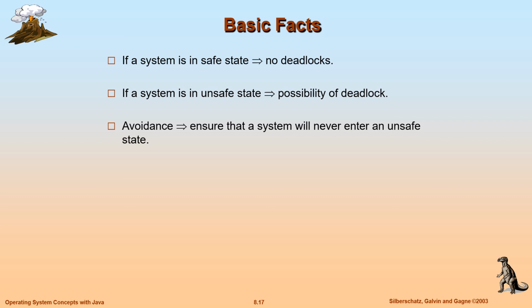If a system is in an unsafe state, there is a possibility of a deadlock. Avoidance ensures that a system will never enter an unsafe state. Deadlock avoidance means we should see that a system does not enter into an unsafe state.